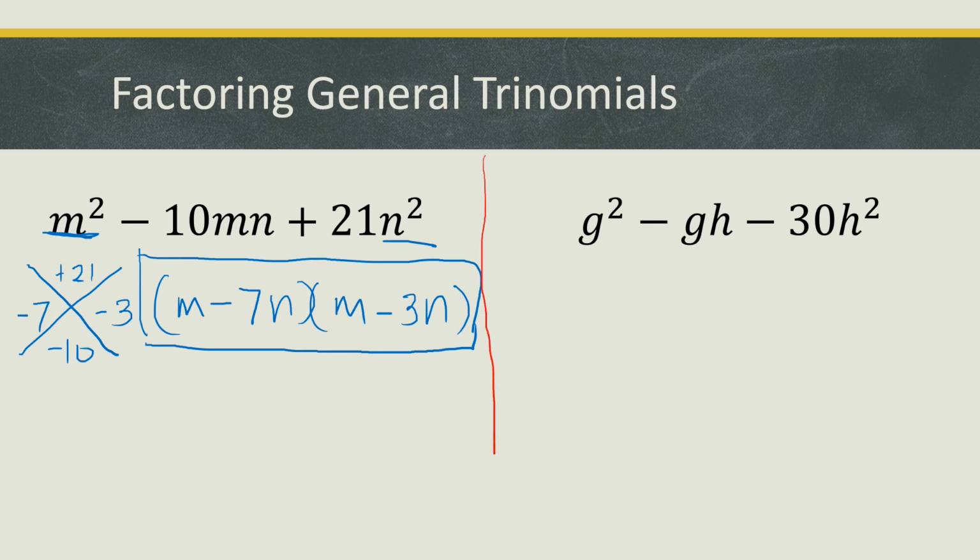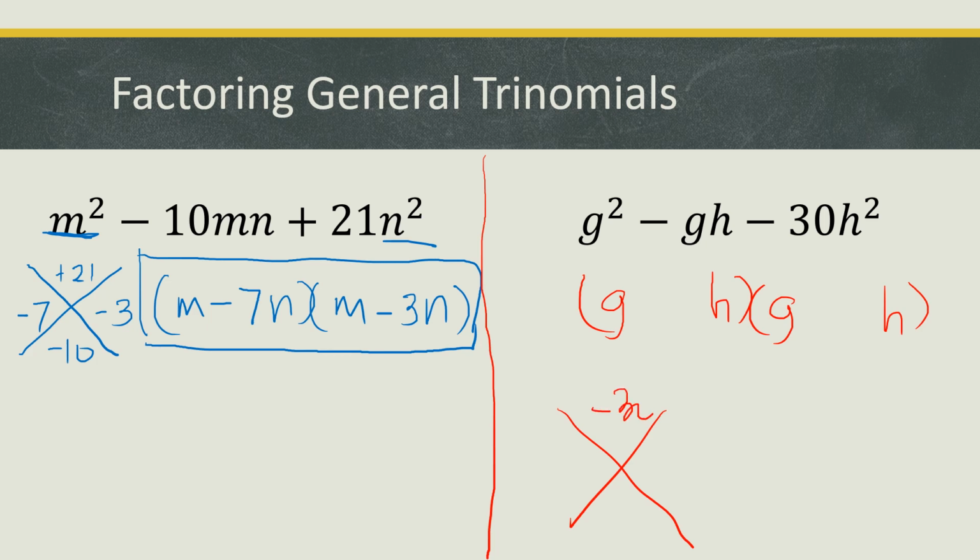Let us check this other example. So the first thing that we will do is to factor out the first term, g squared, which is g times g, and h squared, which is h times h. So we will now go with the factors of negative 30 that once we add, we'll get negative 1.